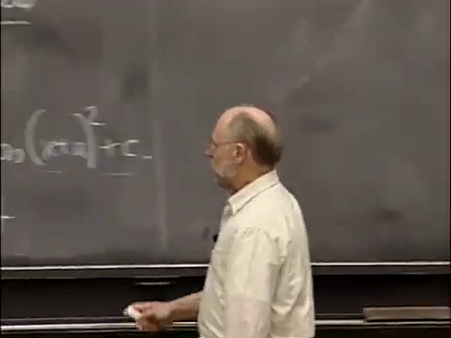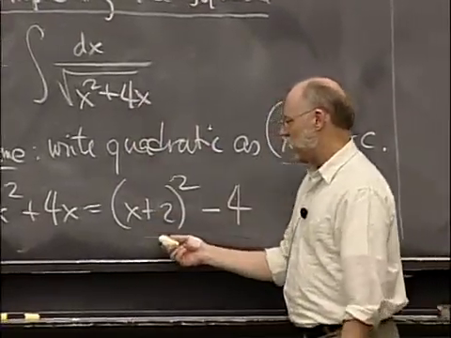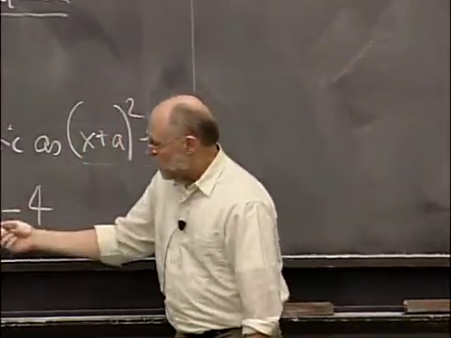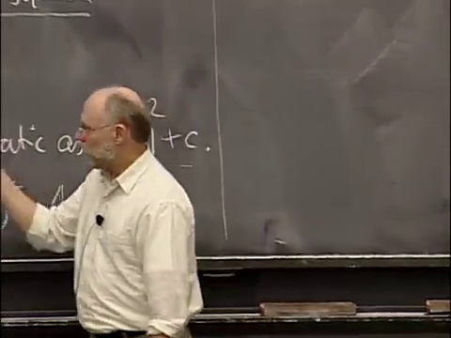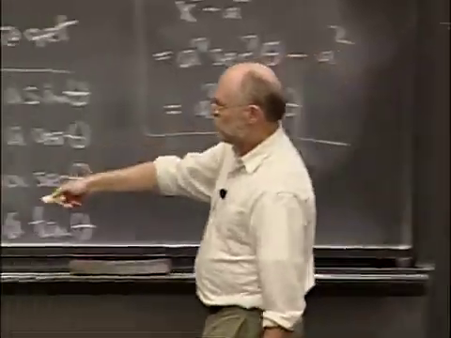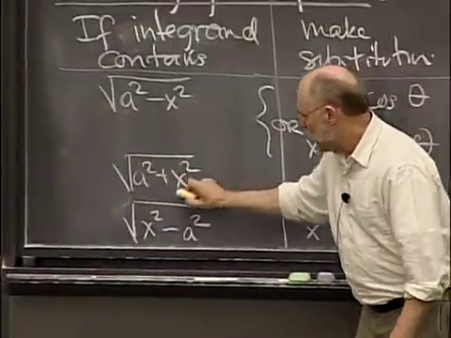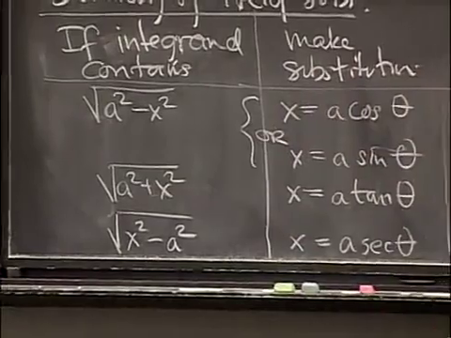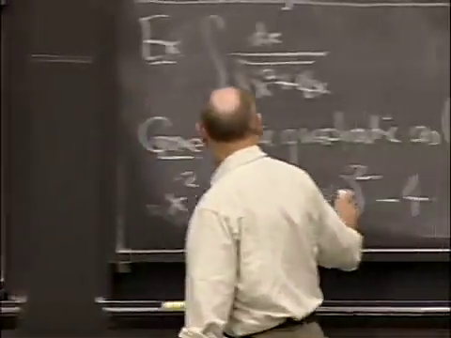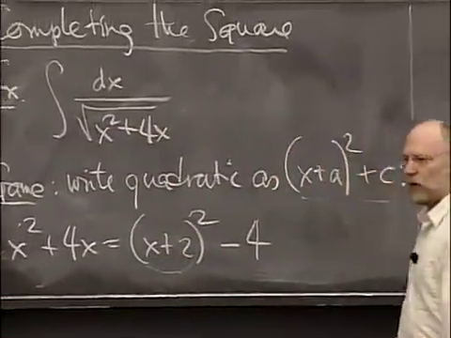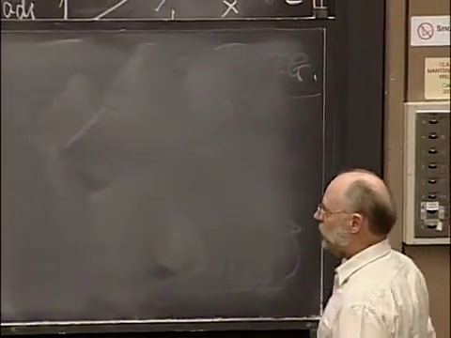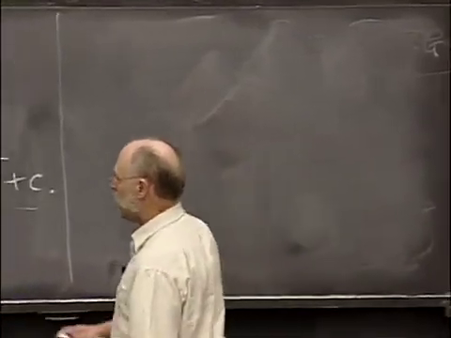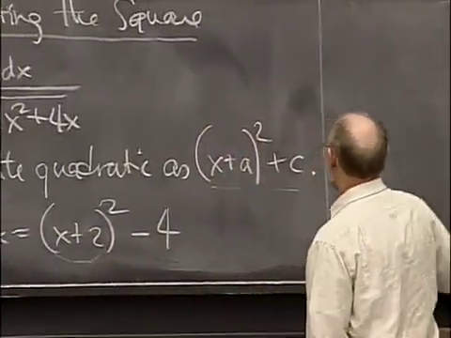I can rewrite this denominator like this, and then I'm going to try to use one of these forms over here. In order to get a single variable there instead of something complicated like x plus 2, I'm inclined to come up with another variable name and write x plus 2 as that other variable name.